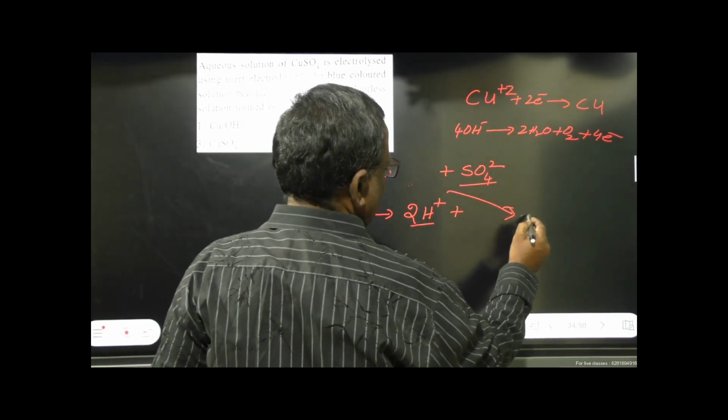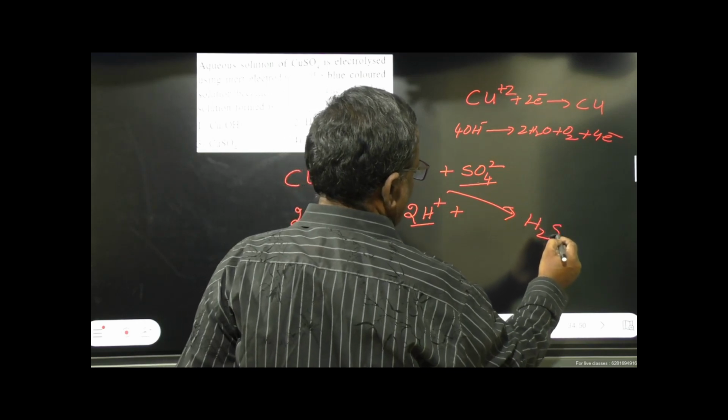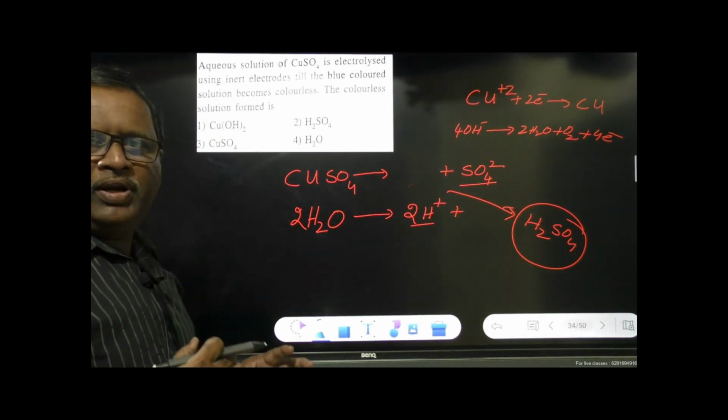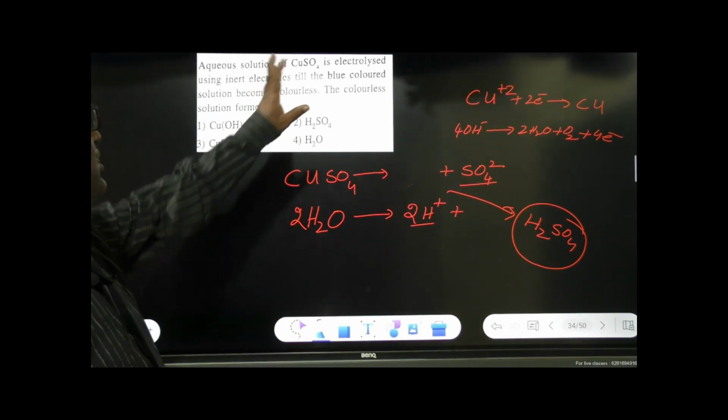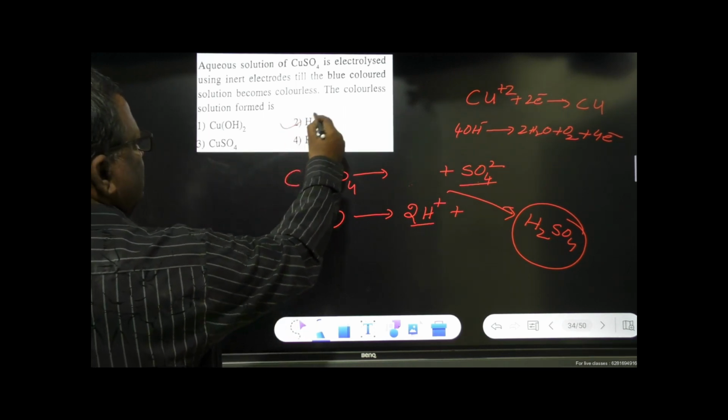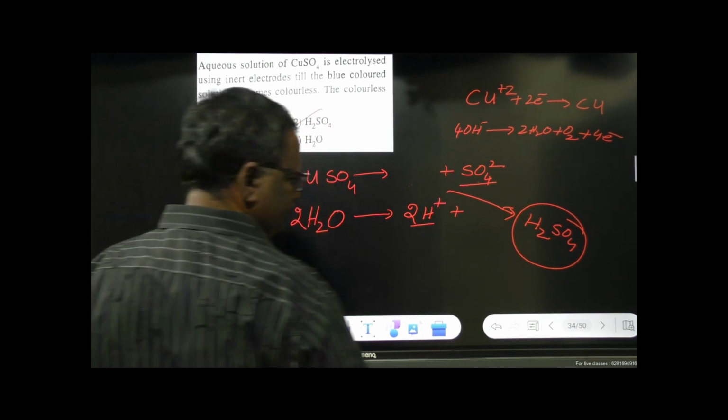These two will give H2SO4. This is a colorless solution. After complete electrolysis of aqueous CuSO4, the remaining colorless solution is H2SO4.